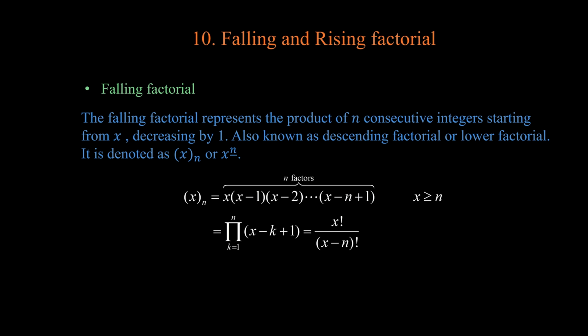Let's see an example. 5 falling 3 means 3 factors are used starting from 5, and each one decreases by 1 from the previous one, and this is equal to 5 times 4 times 3 equals 60. You can also use the factorial formula, which is effective for calculating large numbers. Put 5 in place of x and 3 in place of n, and you will get the same result.